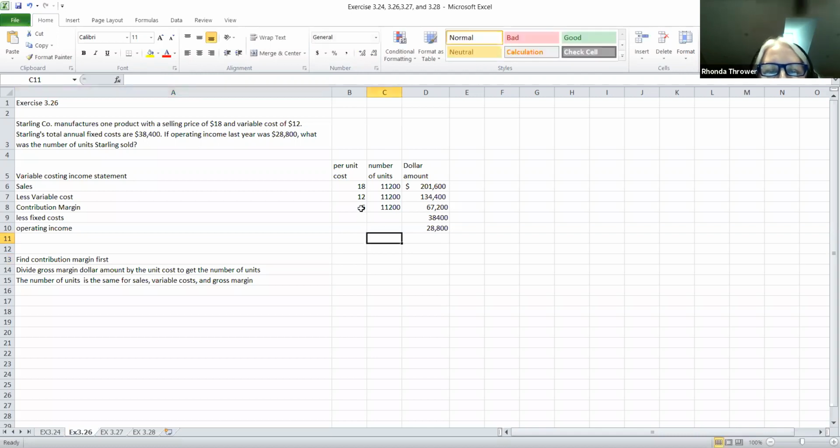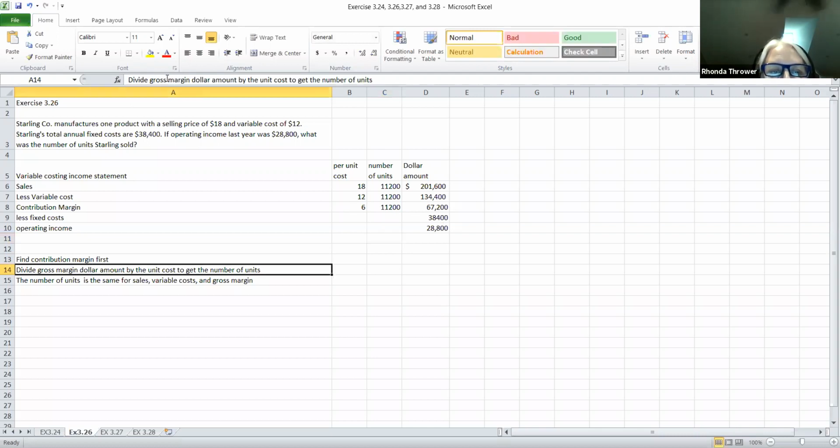And we can do that because we have enough information to give us our contribution margin per unit, and we can work backwards to get our contribution margin dollar amount. And then you're going to divide the contribution margin dollar amount by the unit cost.